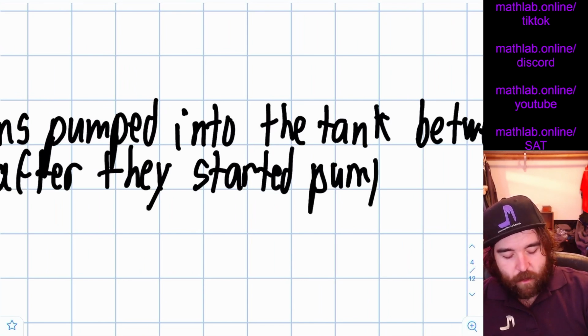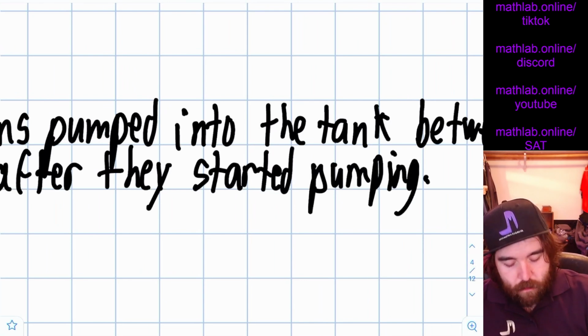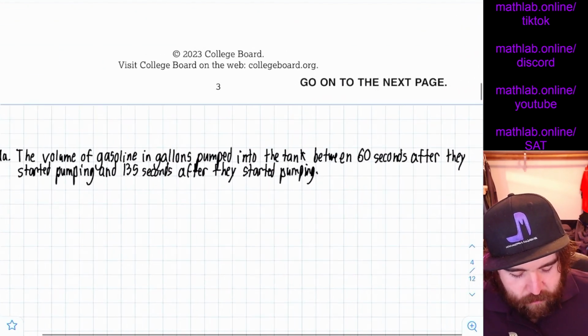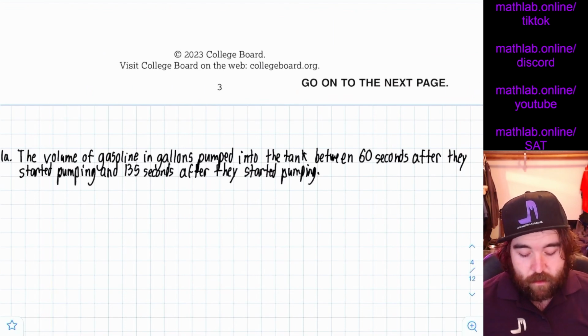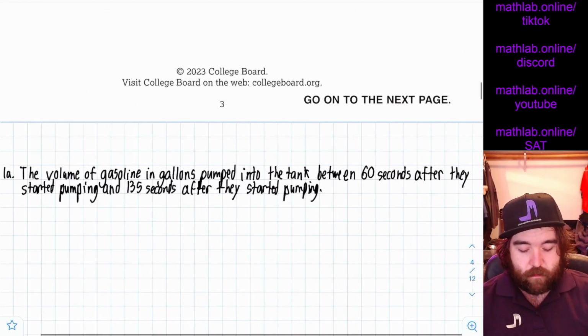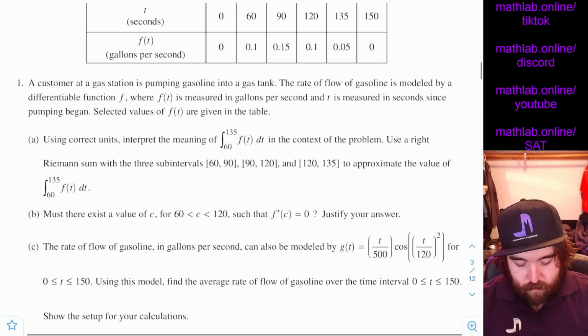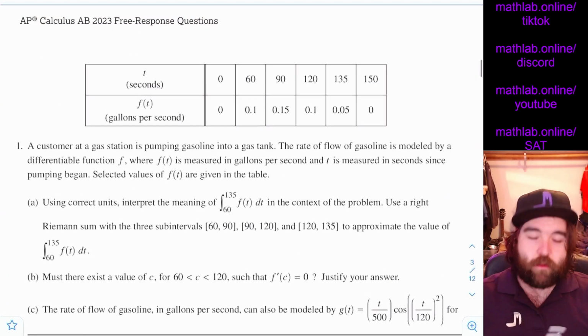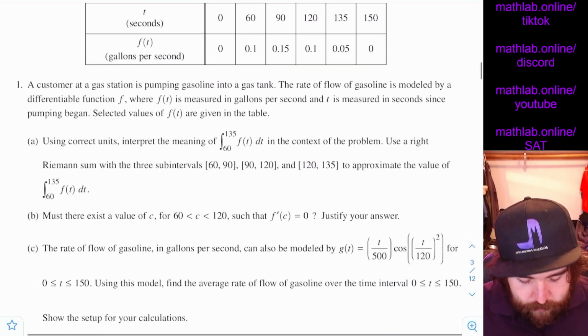I should have copy and pasted that, but that's okay. So let's reread it. The volume of gasoline in gallons pumped into the tank between 60 seconds after they started pumping and 135 seconds after they started pumping. Yep. We use units both ways. Beautiful. Now we calculate it using the right Riemann sum.